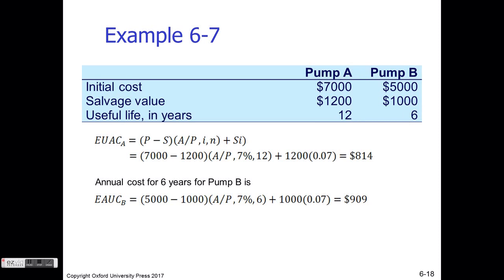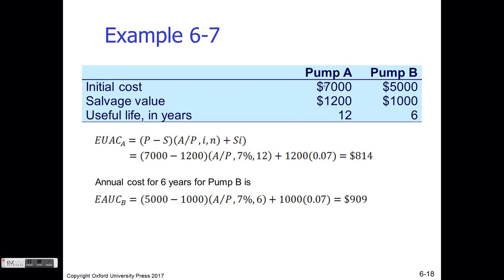If you remember when we were doing this in the present worth, what I mentioned to you, it will be repetitive, correct? For instance, if we focus on pump A, which is going to have 7,000, 1,200, correct? And it's going to go for 12 years. That is very straightforward.